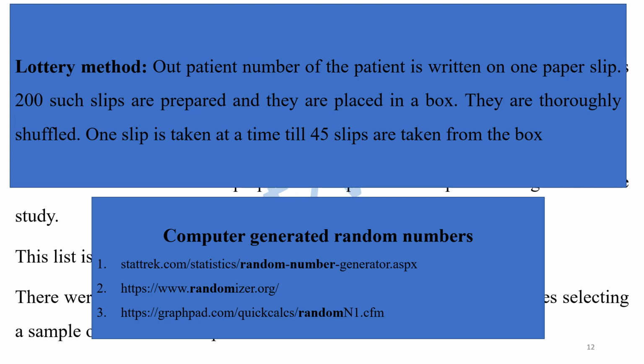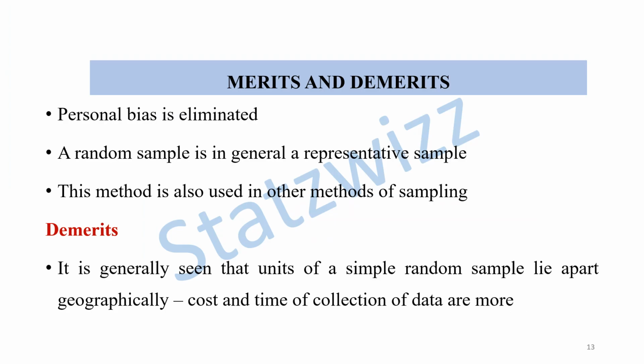Or we can go for computer generated random numbers. These are a few sites which might help you in generating them. We enter the 200 people and it will randomly pick 45 numbers, and we can pick out the people with those numbers to be included in our study. The basic merit of this method is that personal bias is always eliminated, because we don't know whose name will be written in that particular slip. A random sample is generally representative of the population, and this methodology is used for the forthcoming methods.